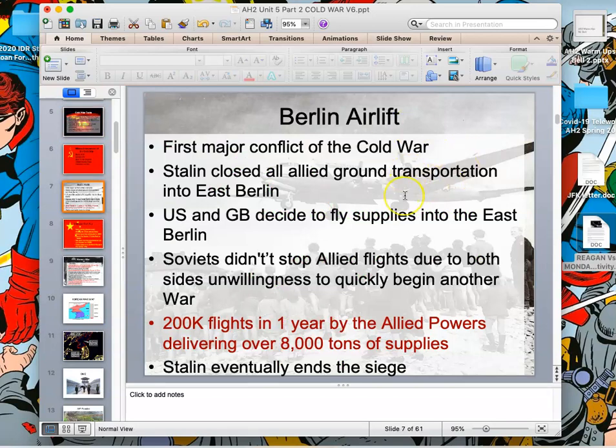The Berlin airlift was one of the first conflicts of the Cold War. This is right before Stalin has a stroke and passes away. People on the eastern side of what would be the Berlin Wall, the wall's not up yet. The wall doesn't go up until, I think, 61, or it's not completed as you and I know it until 61.